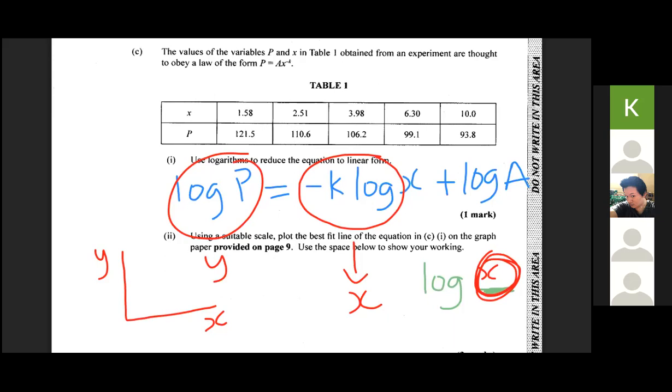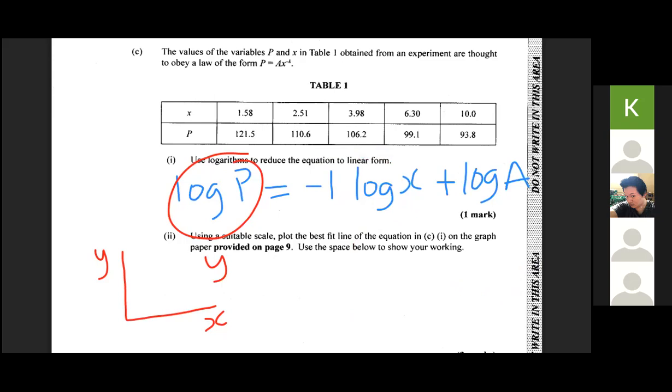Log of what exactly, right? So that's why I waited until now to show you this. In this case, minus k log isn't going to be x. X is going to be log of x. This right here.